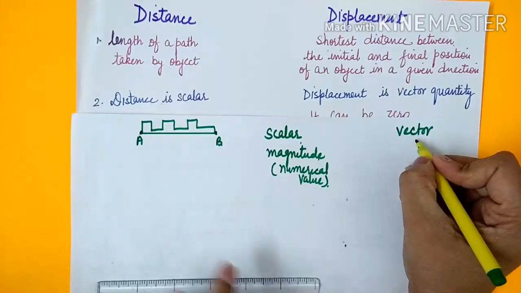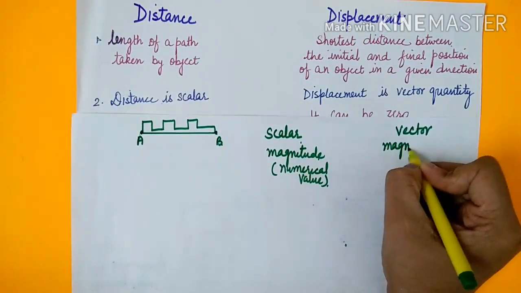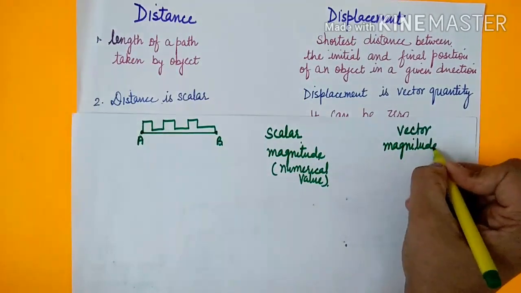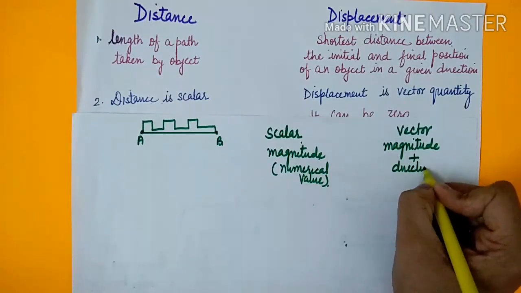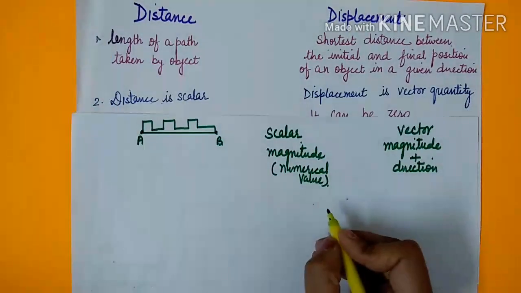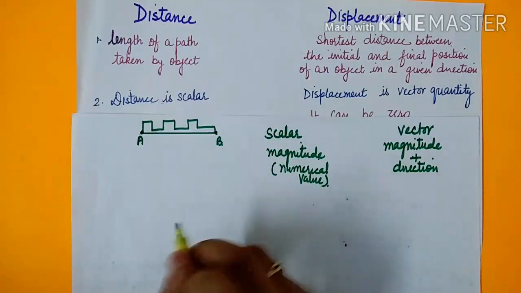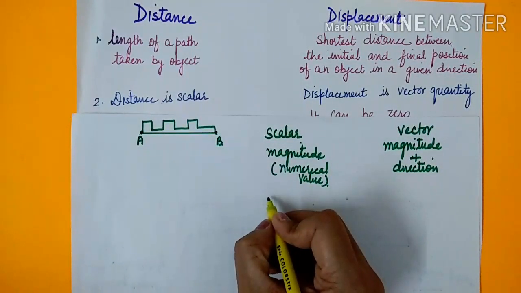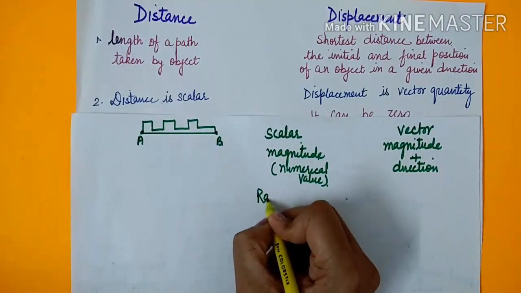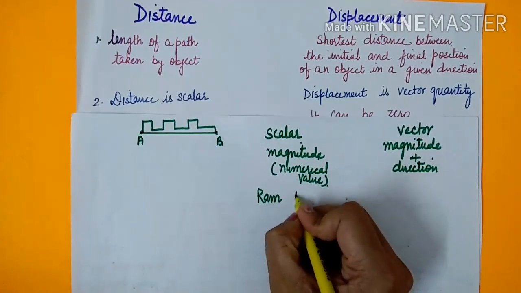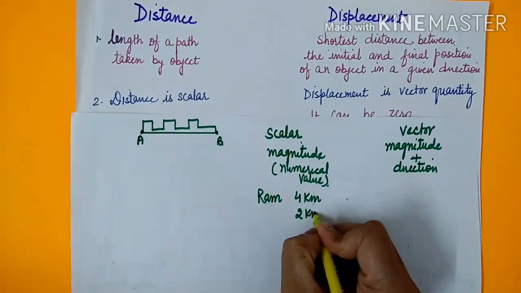And vectors are those quantities which require magnitude, meaning numerical value, as well as direction to calculate. So let's understand this point by taking one example. Suppose I give this information: Ram travels 4 kilometer and 2 kilometer.